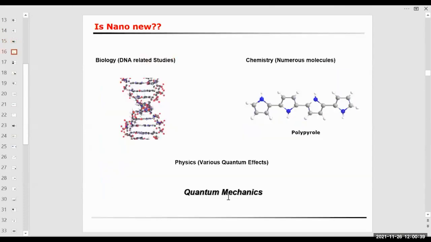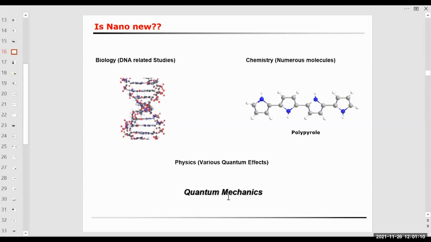Now, is nano new? No, definitely not new. It is only the terminology that is new. On this slide, we have taken three examples: one in biology, one in chemistry, and one in physics. In biology, even before the advent of the word nano, scientists have been dealing with DNA. Elucidating the structure of DNA itself won the Nobel Prize.